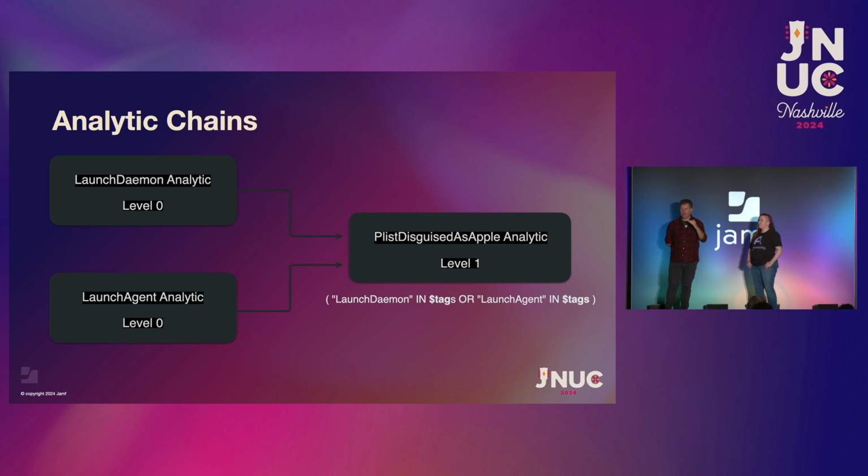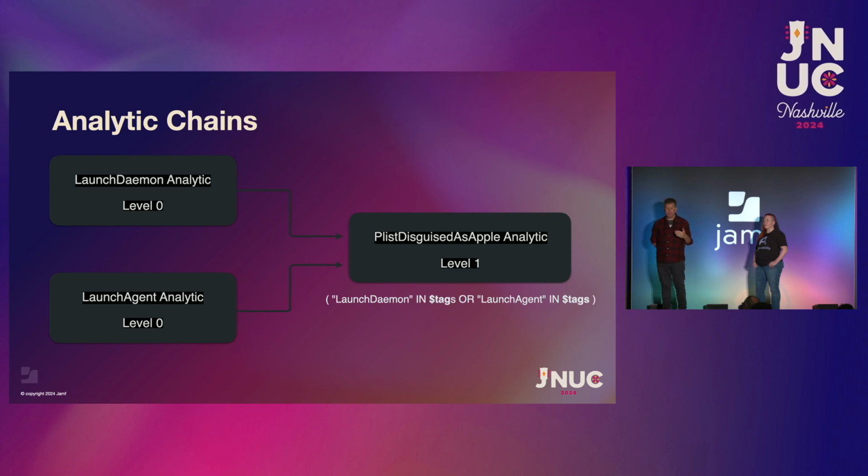So it makes our level 1s much simpler because all the heavy lifting is being done for the level 0s. And it also future-proofs them. If Apple ever came out and, I don't know, added another launch agents directory as an example, all we have to do is update the level 0s, and then the level 1s will inherit that detail. To create the sequence, we set the plist disguised as Apple as a level 1, and then to connect it to the launch agent daemons, we use this $tags variable.